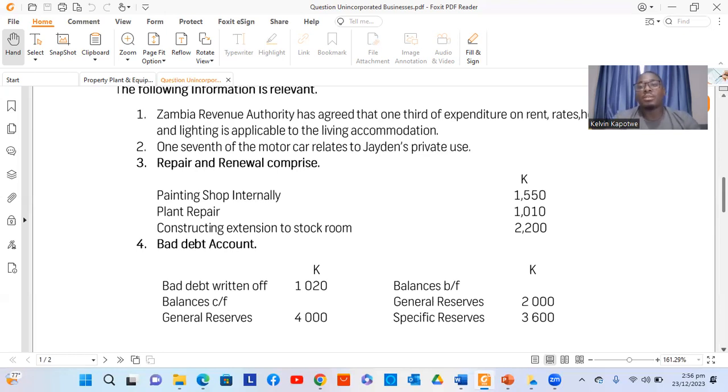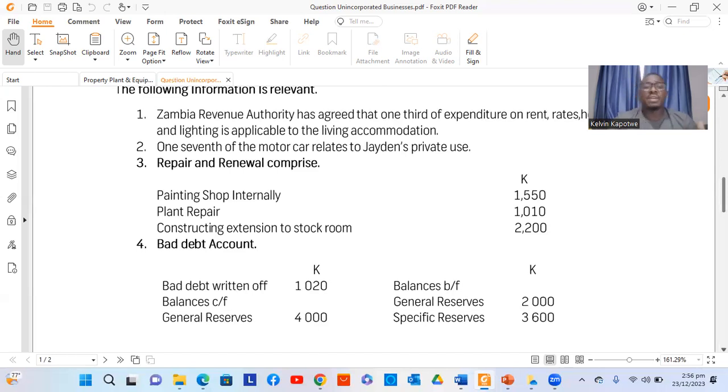So when you've got general reserves or you've got general bad debts written off, you are going to disallow that. And then the other thing is if there's an increase in your general reserves, if there's an increase in your general bad debts written off, then you are going to add back that increase to your accounting profits. You are going to disallow that.